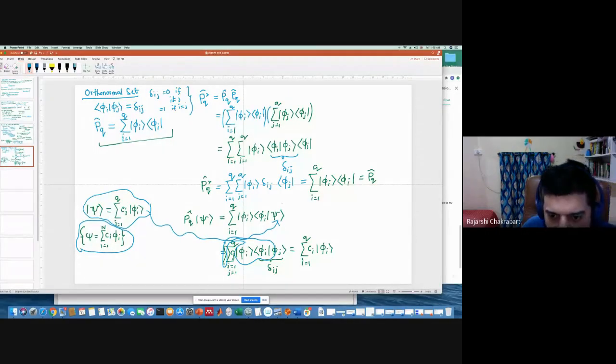So I'm going to put an arrow here. If you now view that part, let me write it this way. I'll have j from 1 to Q, Cj into phi j, and then I also have this, which I have multiplied and taken out.